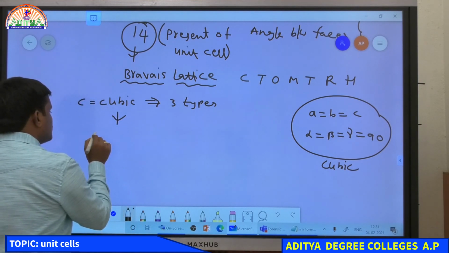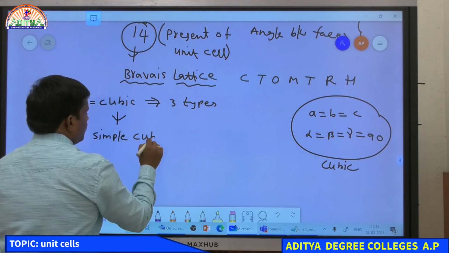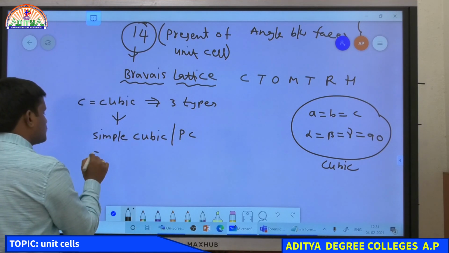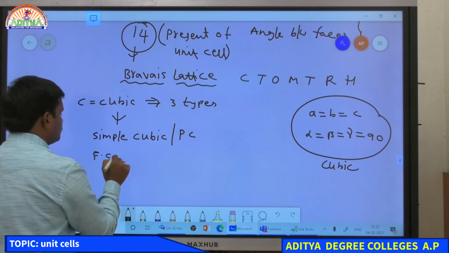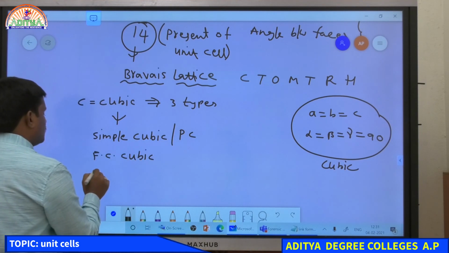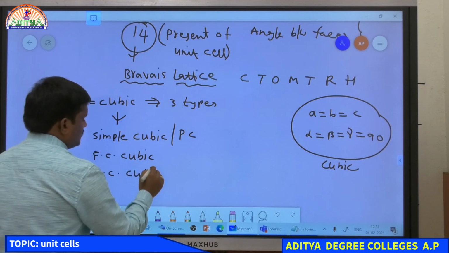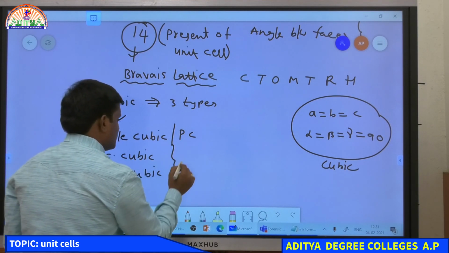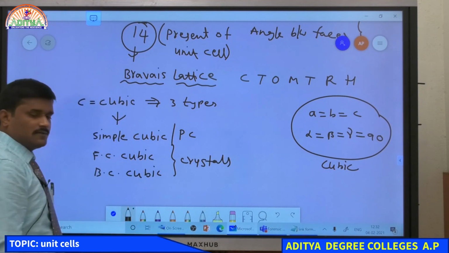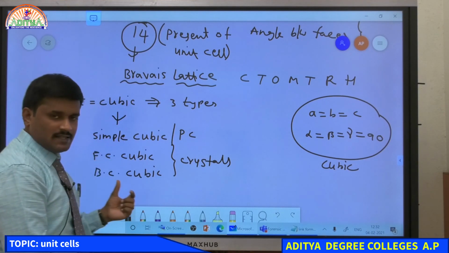The first one is the simple cubic unit cell, simple cubic or primitive cubic. The second one is the face centered cubic, and the third one is the body centered cubic. So, these are the individual unit cells: face centered unit cell, body centered unit cell and simple unit cell.